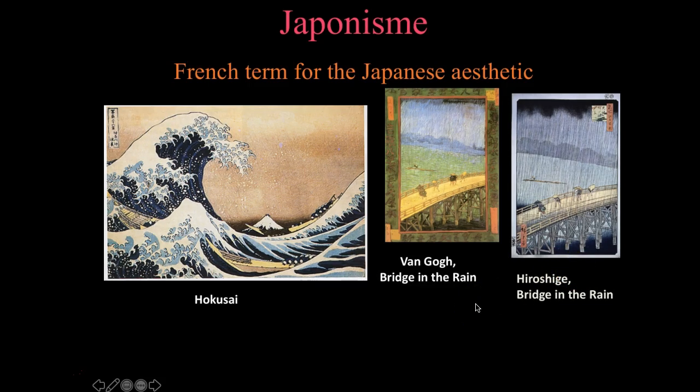And so Hokusai was the most famous Japanese printmaker. Hiroshige is right behind him, and they did the polychrome woodblock prints. And the most famous scene from the series, titled 36 Views of Mount Fuji, is going to be the Great Wave.